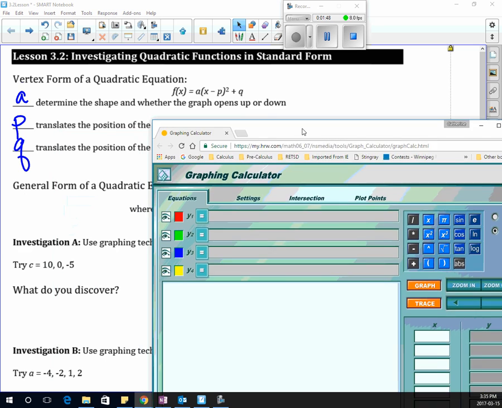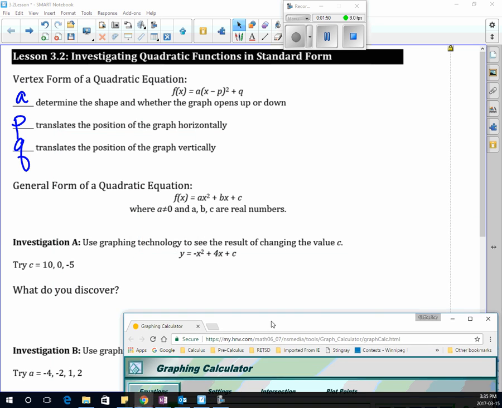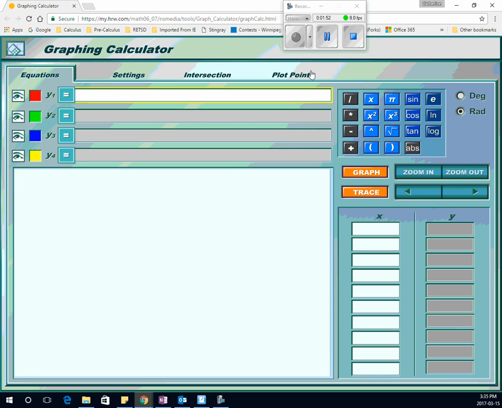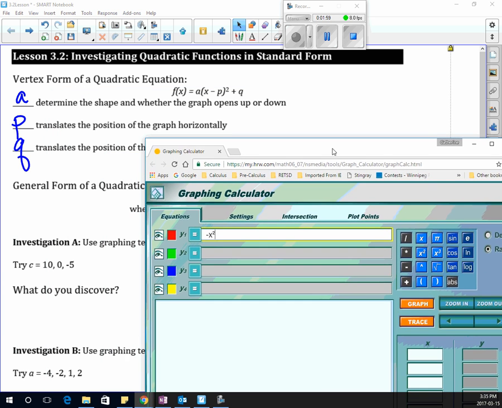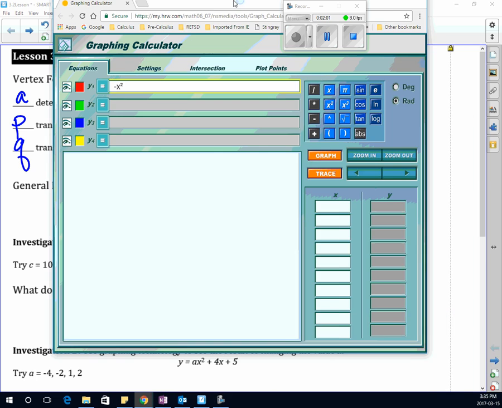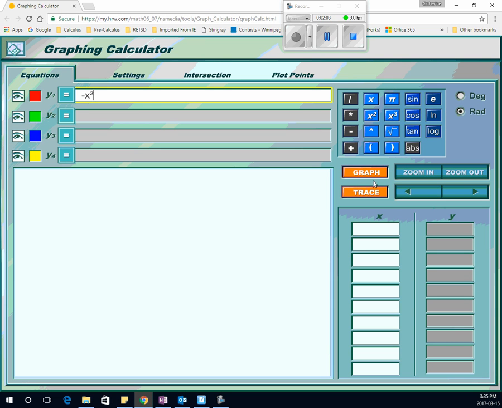So again, we're doing negative x squared plus 4x. And then we're going to use 10, so plus 10.